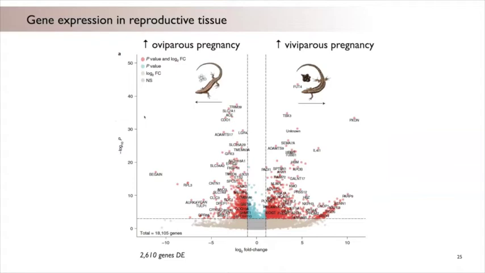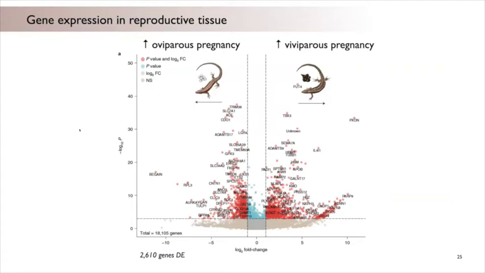And what we found is that we had substantial differences in gene expression between viviparous and oviparous pregnancy. So these are the ones that were upregulated in the oviparous and upregulated in the viviparous. And so there's 2,610 significantly differentially expressed genes.